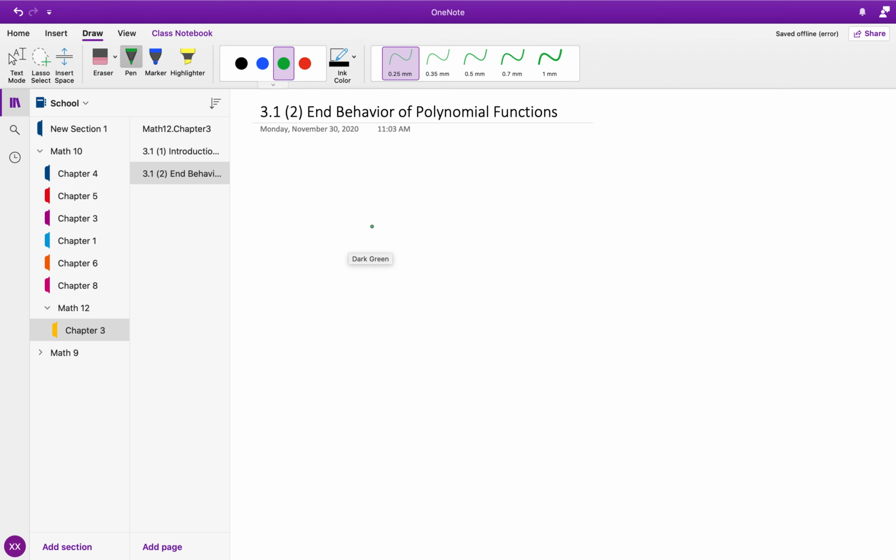Now, let's take a look at what the end behavior of a polynomial function is all about. Before that, let's go back and write out the polynomial function again.